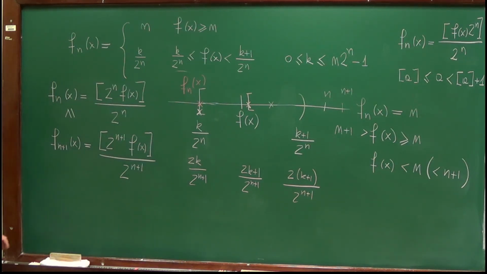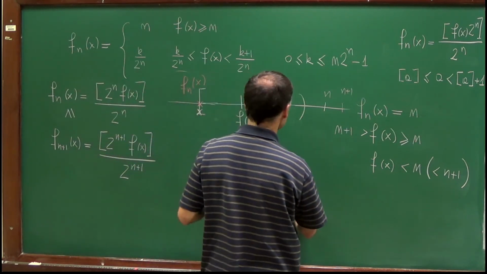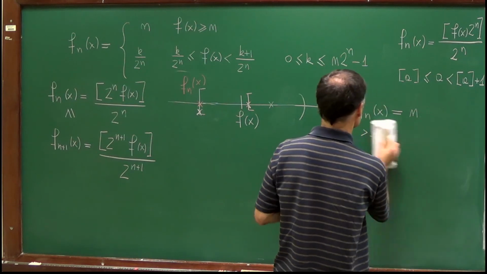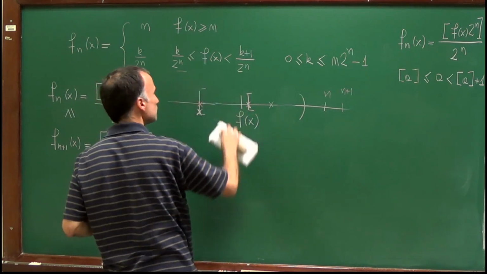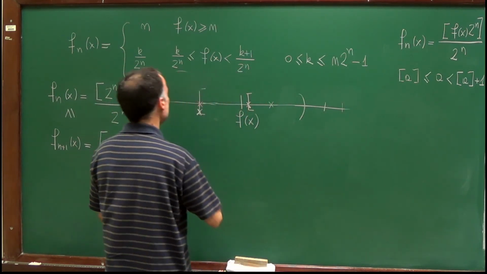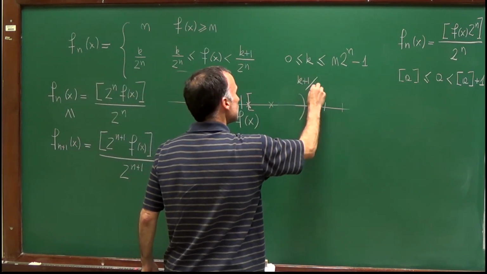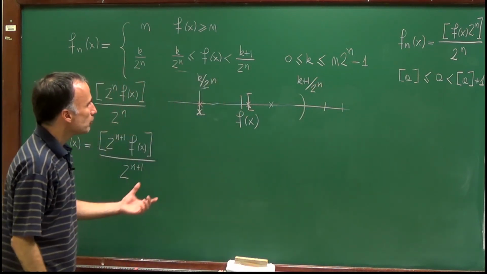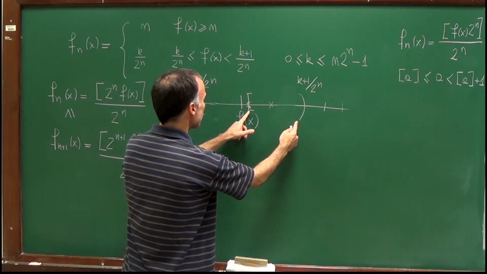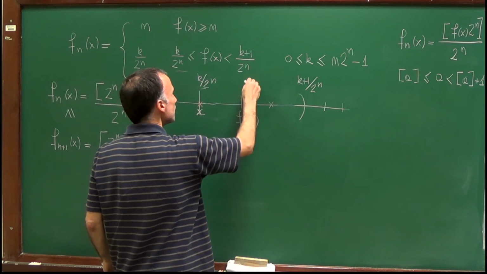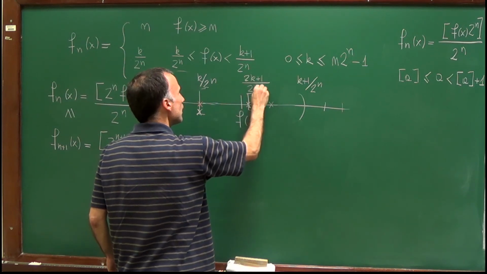So remember, here's k over 2 to the n, and here's k plus 1 over 2 to the n. So I will consider either the case in which f of x belongs to the first interval or f of x belongs to the second interval, and remember that at this point here it's 2k plus 1 divided by 2 to the power n plus 1.